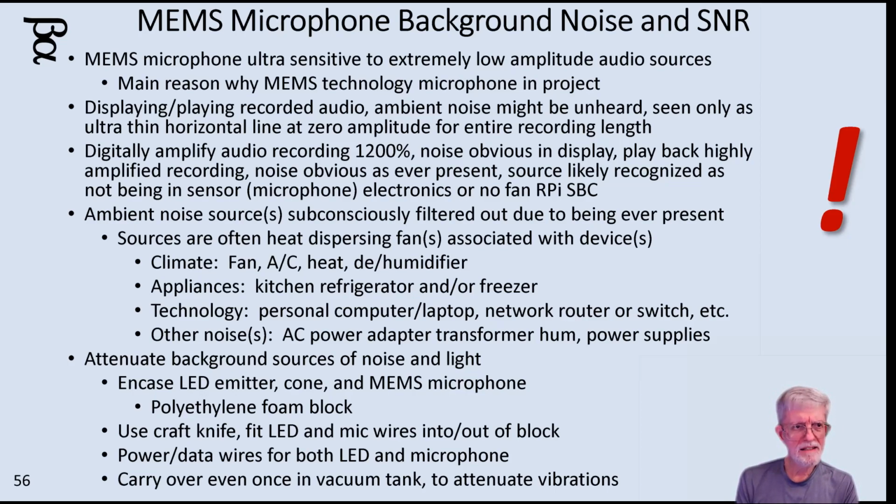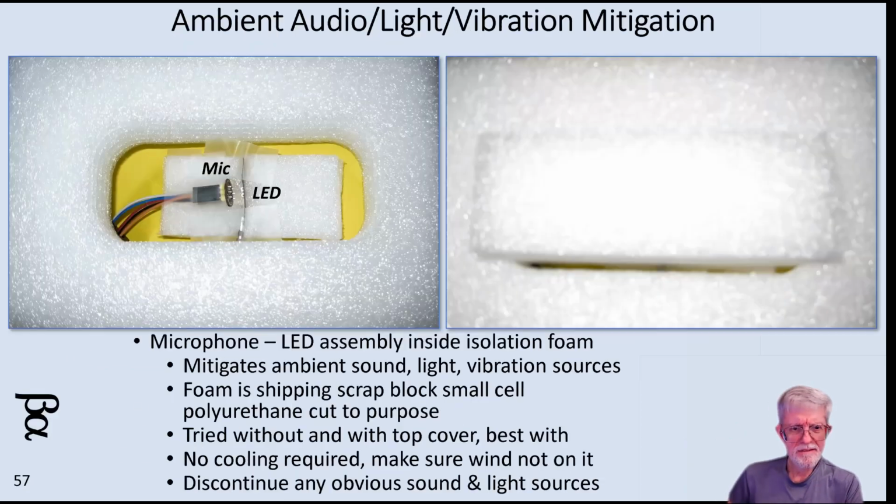Or I would recognize, oh, that's the fan out in the garage, or any of those sorts of things. Be able to know what you're listening to. The best way to do that is amplify the audio that you're testing with to the point where you can hear what normally would not be perceivable because it's just background noise.